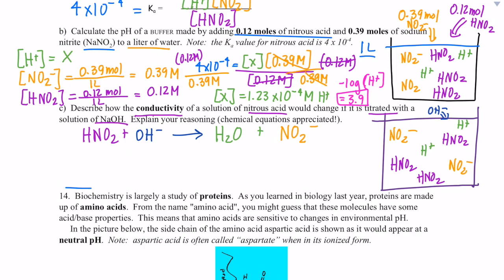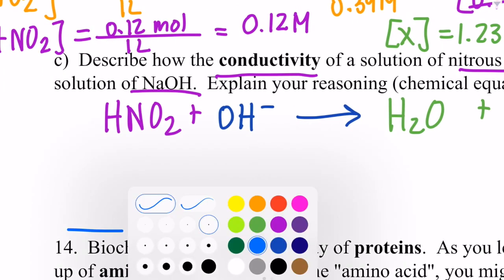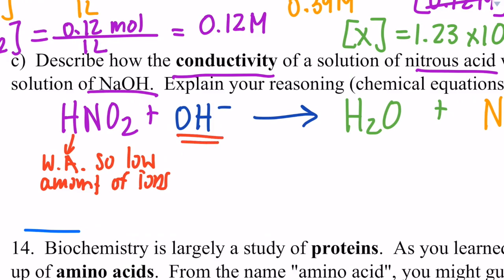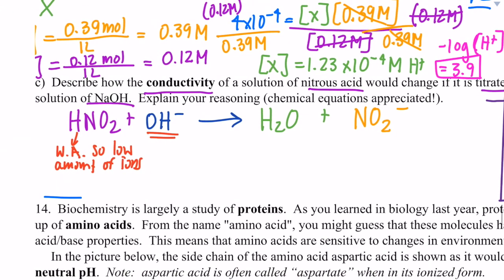So in the beginning, with just HNO2, it's a weak acid, so a low amount of ions. But as we add this very strong base, we start making more and more NO2 minus in solution.